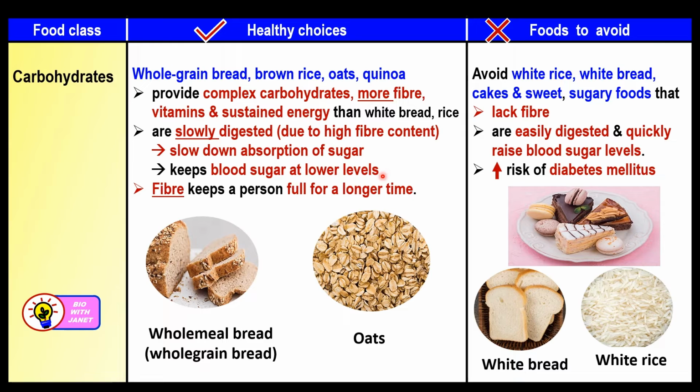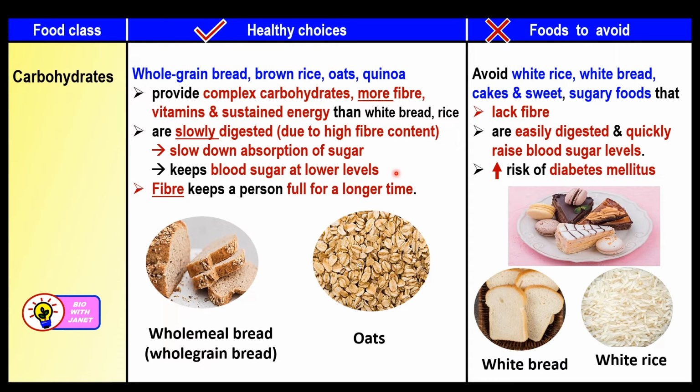There will be no sudden spike or increase in the blood sugar levels as is seen when white rice or white bread is eaten, right? When the refined carbohydrates are eaten. So in this way, it's helpful for people who want to prevent diabetes mellitus, and even for diabetic patients also.